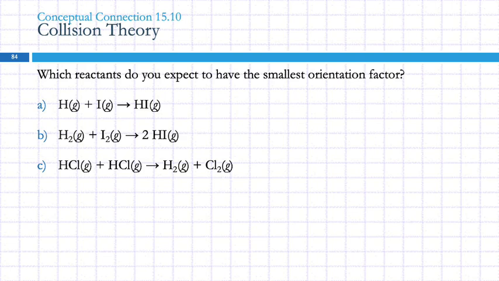This is a little more complicated than that. And here we have 2 HCl molecules, where if we get the hydrogens colliding, that might be good, but if the hydrogen collides with the chlorine, that's not good. So which is going to have the smallest orientation factor? C. Do you see?